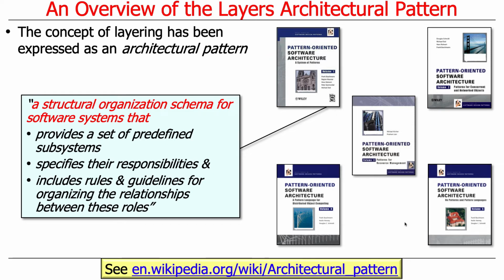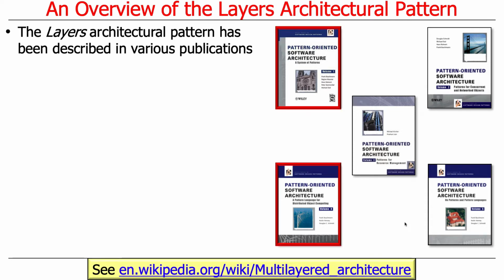That's probably too narrowly focused, but think of it like a blueprint for software systems that provides a set of predefined subsystems, which, as we'll see, will often be layered, specifies the responsibilities of each of the subsystems, or the layers, and then includes rules and guidelines for organizing the relationships between these various roles. So it's all about how you take a big problem space and chunk it up into smaller pieces, define the interfaces, and then explain how you're going to communicate between the different subsystems. So that's what an architecture pattern is in general.